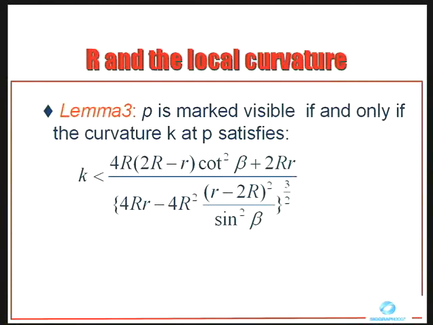If it's concave, then the curvature should be low enough for us to find the visible points. But according to the lemma we had before, if R approaches infinity, we're going to find all those truly concave pieces. So this is where we might see artifacts in deep concavities and, of course, near the silhouette.